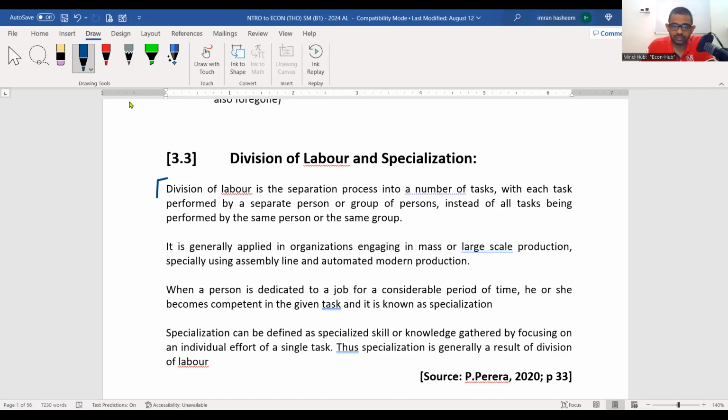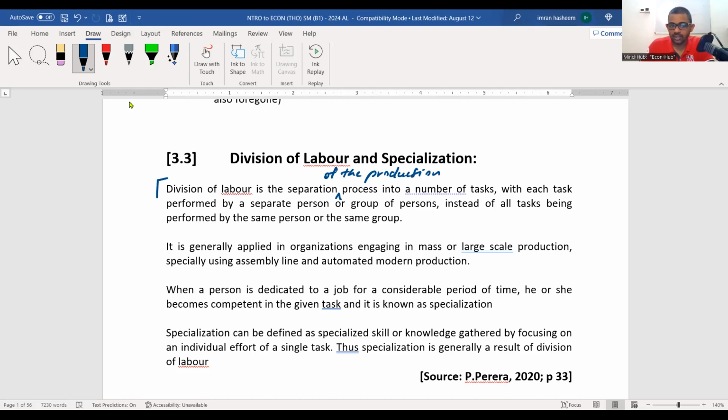Separation, I think there is a small issue here. No, let's adjust that. Division of labor is the separation of the production process.